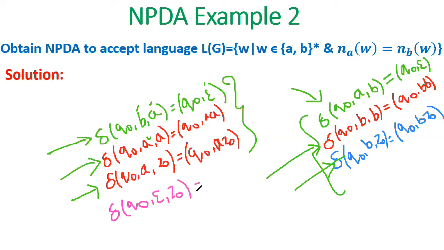What you need to do? You need to halt it in the final state QF and the string is Z naught, or you can take just Z naught. So these are the transitions you can get in the given problem.